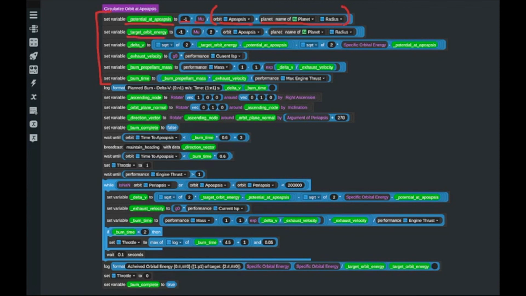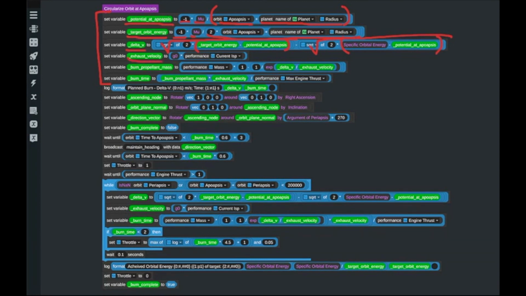Target orbit energy: -1 times mu over 2 times r at apoapsis. Delta V: the square root of 2 times target orbit energy minus potential at apoapsis, minus the square root of 2 times current orbit energy minus the potential energy at apoapsis.